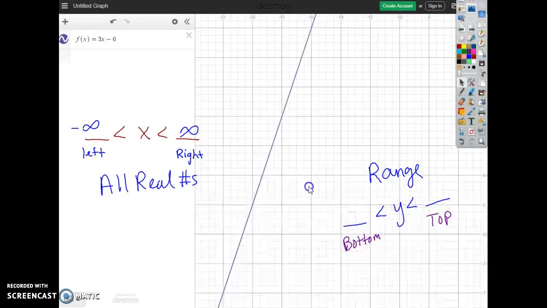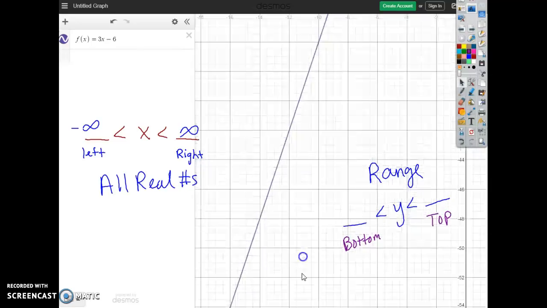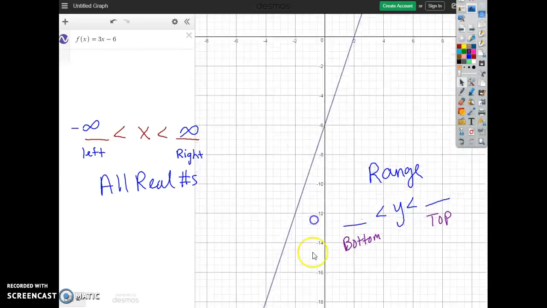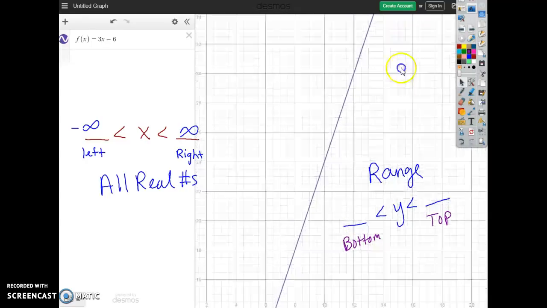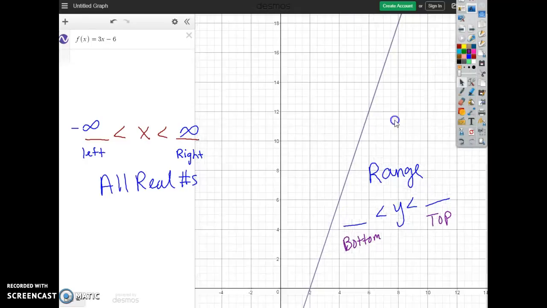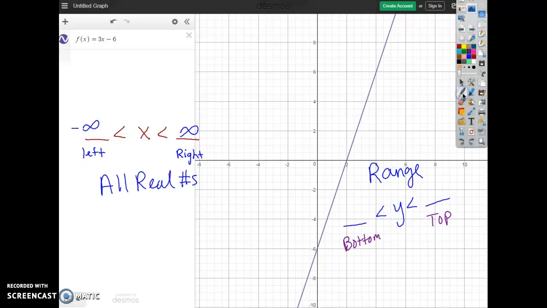Negative infinity, because it's never going to stop. What is the top-most point? Positive infinity, because it's never going to stop. So what is the range? All real numbers. Negative infinity to positive infinity. All real numbers. And that's what you would look for on one of the answer choices. A, B, C, D, you would look for all real numbers.